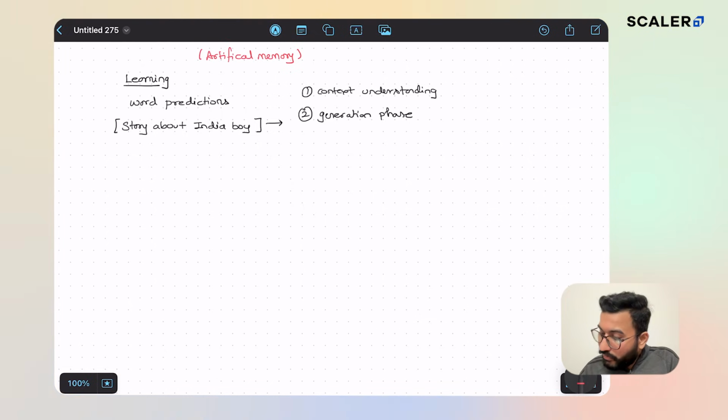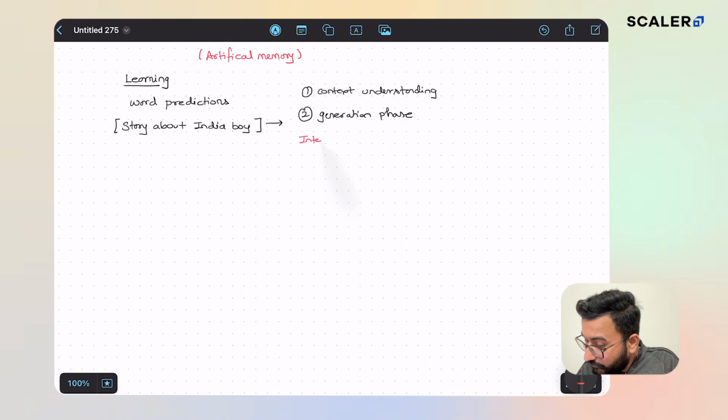In the generation phase, the generation happens sequentially, or I would say iteratively. How? ChatGPT will generate the first word. 90% of the time, whenever humankind has written a story, it has started with the word "once." This is what ChatGPT has learned from the historical data.